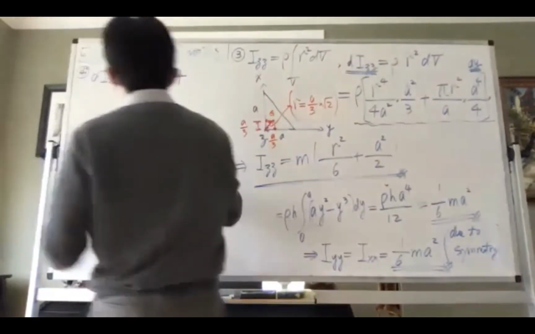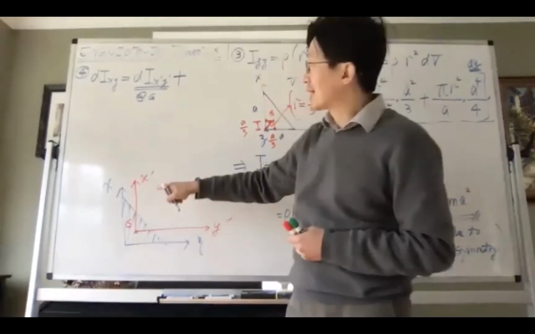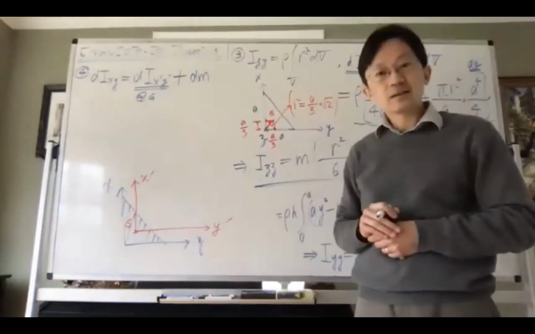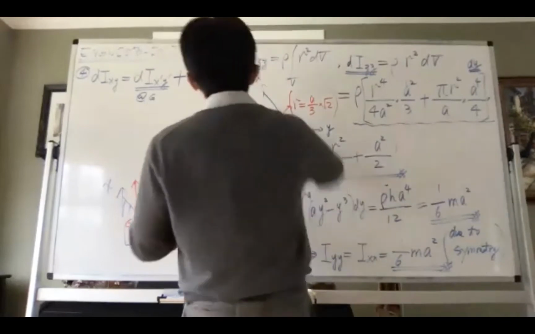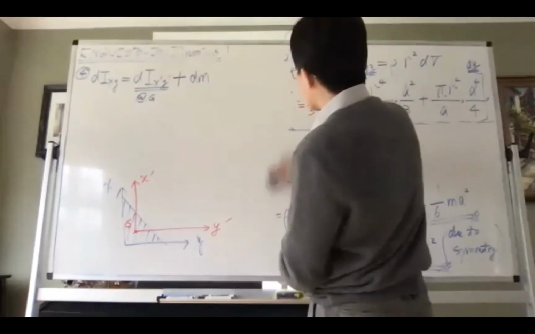Here you have this products of inertia at the center of gravity plus unit mass times what? Times the distance. The distance from the center of gravity to the corresponding axis.